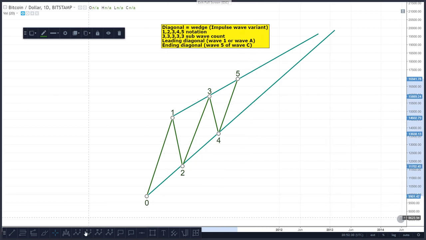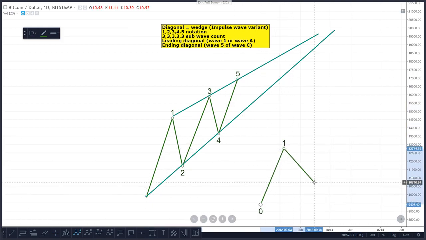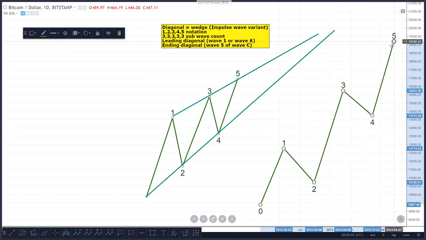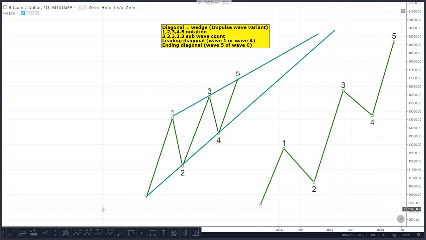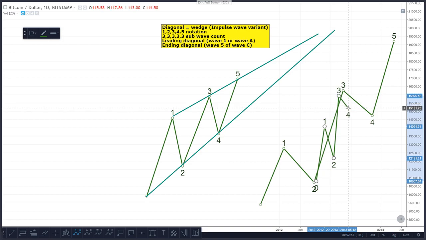Now, another pattern I want to talk about is what we call a 1, 2, 1, 2. So if I just draw 1, 2, 3, 4, 5 waves up, what we see in a 1, 2, 1, 2 is this initial 1, 2 on the larger degree, and then on one lower degree we see a 1, 2, 3, 4, 5 up to here.